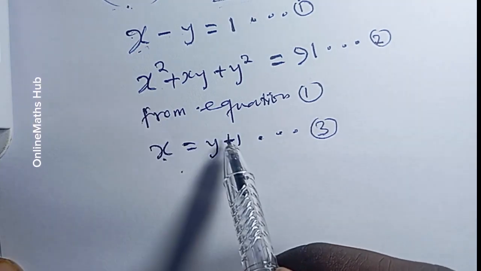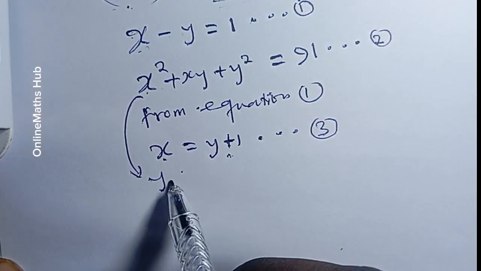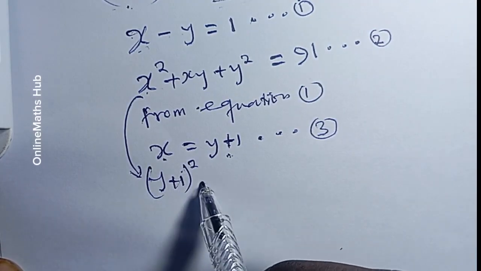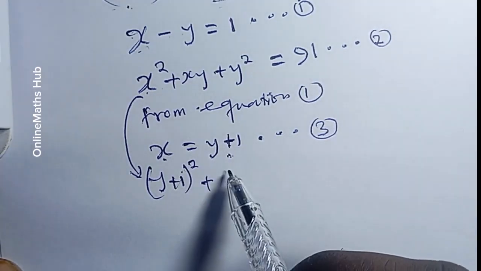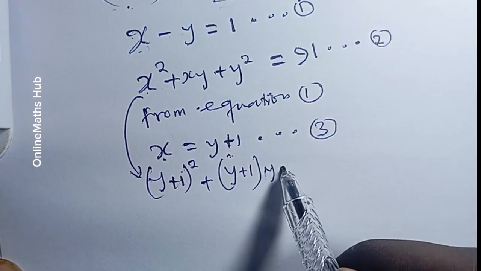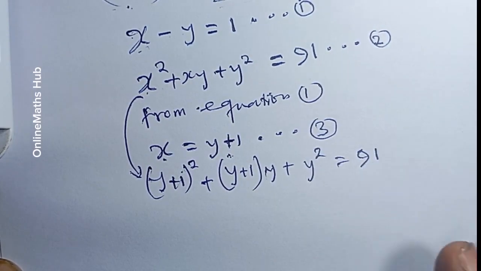Doing that, what we have now becomes y plus 1, all raised to power 2, plus y plus 1, multiplied by y, plus y squared is equal to 99.